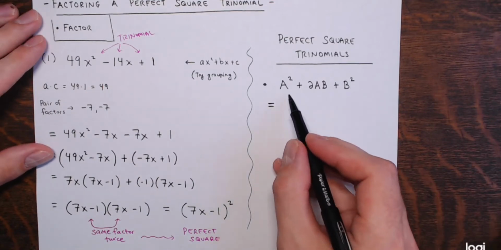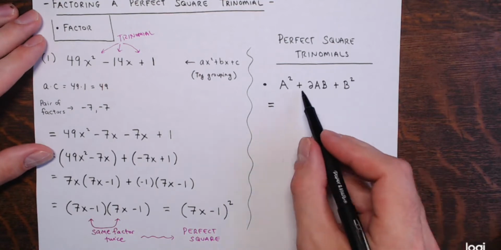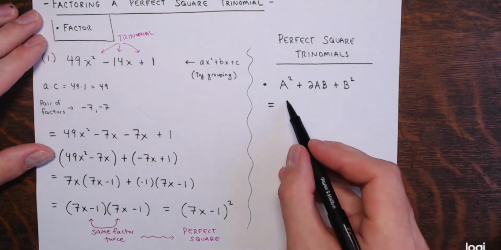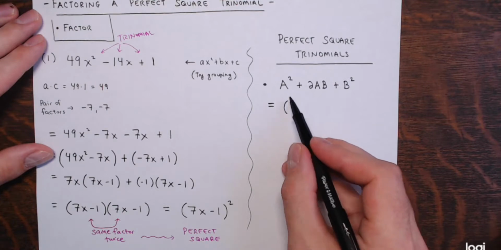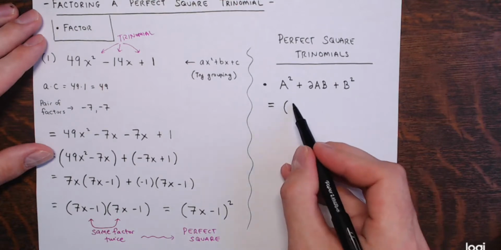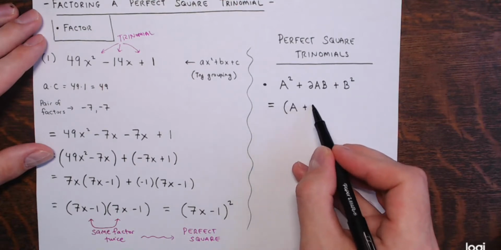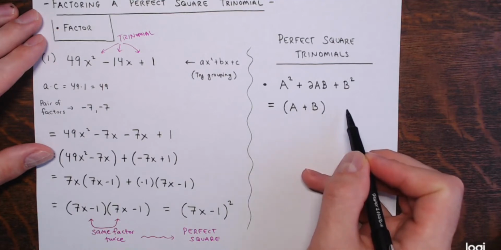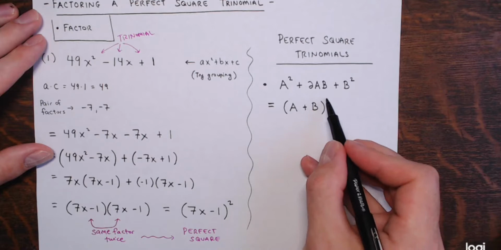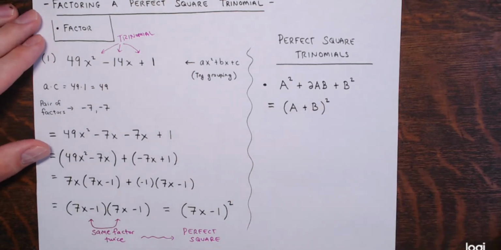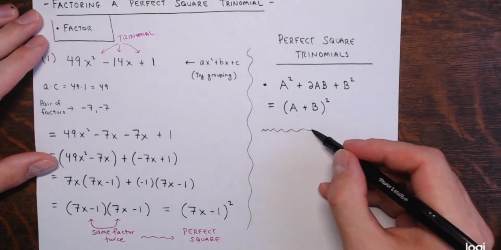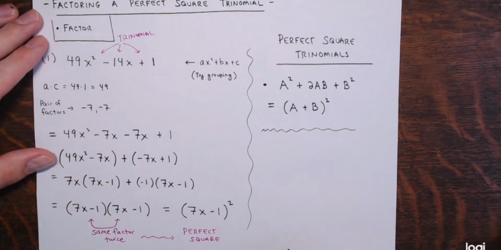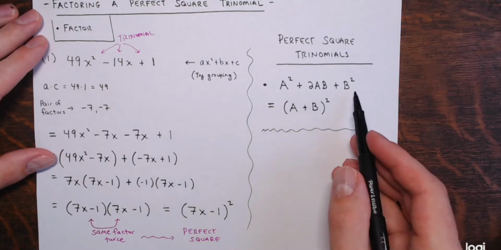If you recognize that your trinomial has this form, then you should be able to jump right to the factors. Something of this form will factor to a plus b times a plus b again, or a plus b squared. So that's one type of perfect square trinomial.